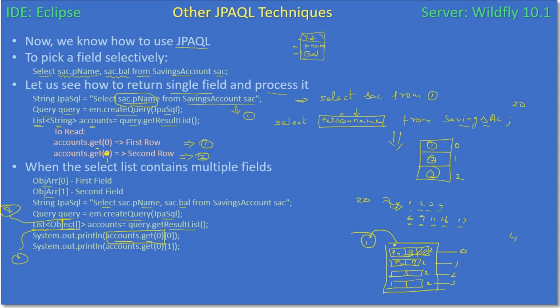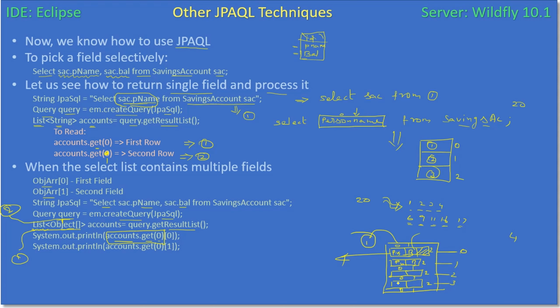Since it's an object array, here also we have an index, right? 0, 1, 0, 1, 0, 1, 0, 1. So from list.get(0) we retrieve this first row. Then with the square bracket we specify 0, that means we get this person name. Similarly, accounts.get(0) again, and here we specify 1, that means we retrieve the balance.